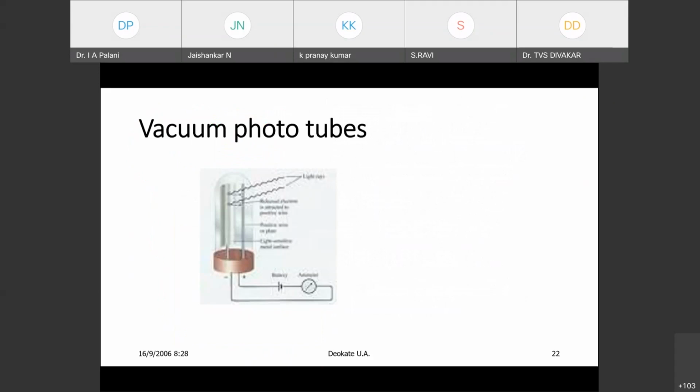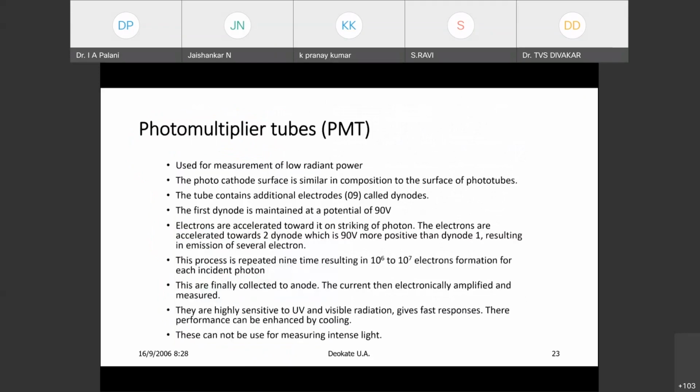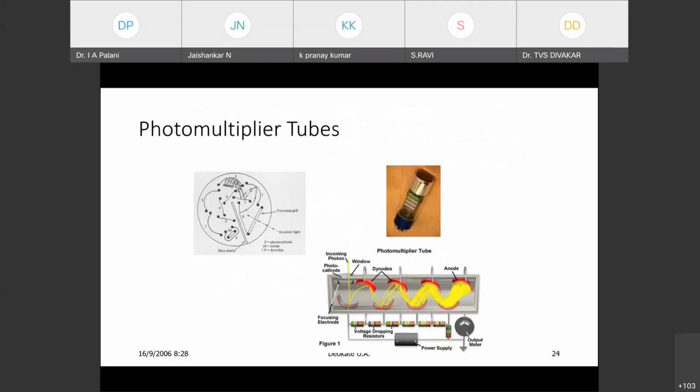Another one is with respect to phototubes. These phototubes or photomultiplier tubes are interesting components. Basically, this will be highly helpful to narrow down the selection of the wavelength. These photomultiplier tubes come under the category of detector-based systems. So this is the overall construction of a photomultiplier tube.